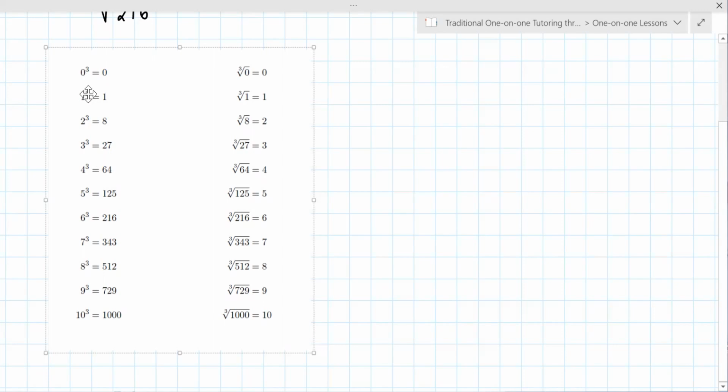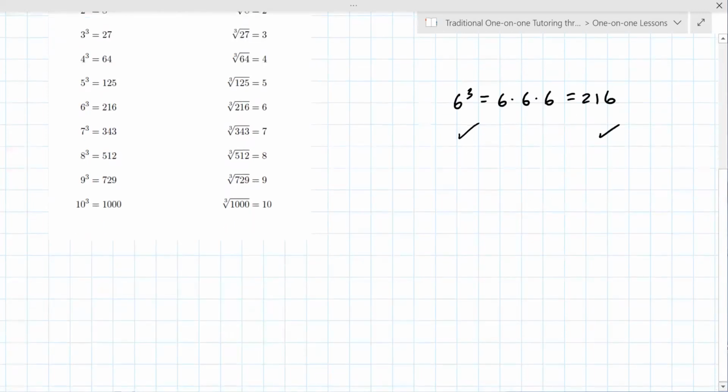For example, the one you provided, 6 cubed is 6 times 6 times 6, which is 216. Generally you would just say, oh yeah, it's 216, or it's just 6, and you would just know that answer. But to actually do it requires a bit more understanding. So let's take a look at that.